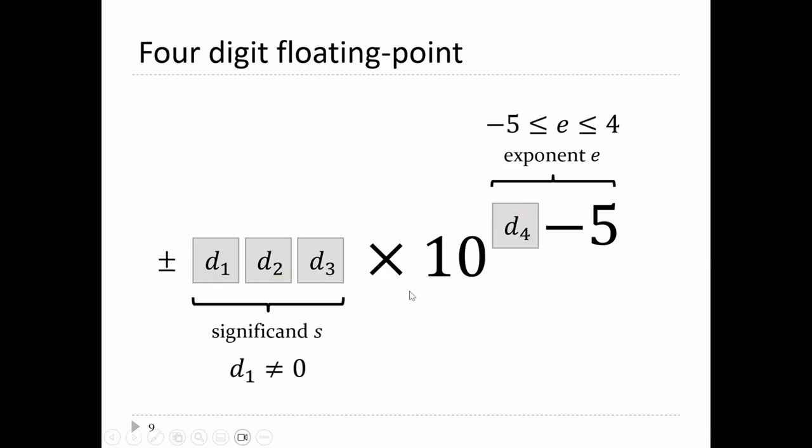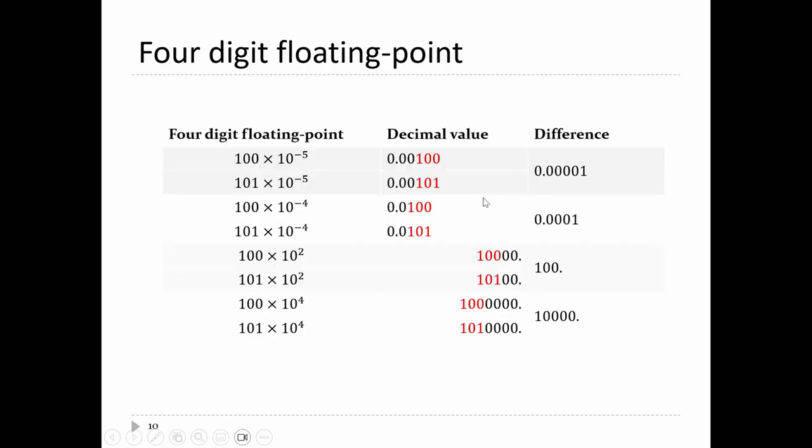Okay, so if you start to scribble down what numbers can I write down, or what numbers can I represent using this representation, you get a table that looks like this. So what's the smallest positive value that you can write down? Well, our first digit has to be a 1. If I want the smallest number, the next 2 digits have to be a 0.